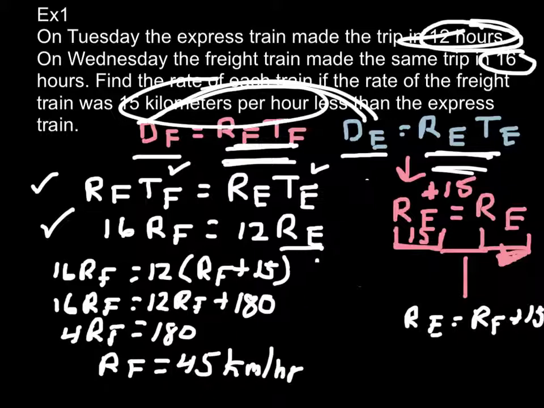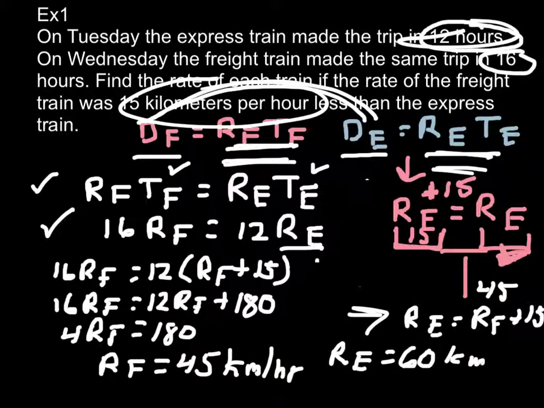How can I find the rate of the express train? Well, I go back to this equation right here. Take the rate of the freight train, which was 45, and add 15 to it. So the rate of the express train is 45 plus 15, which is 60 kilometers per hour. All right?